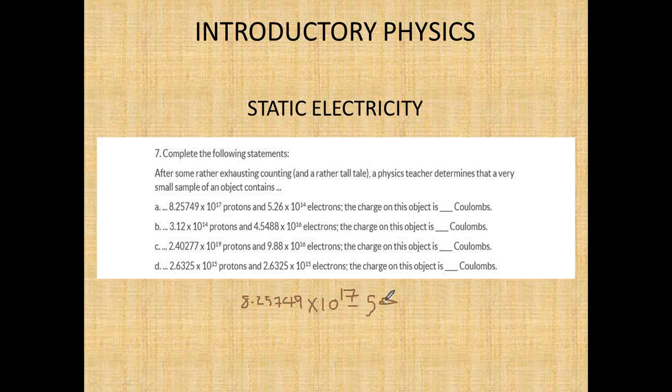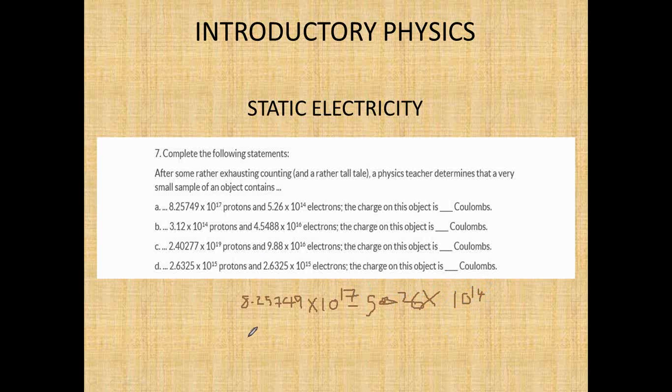times 10 to the power 14. So what you have to do when you're subtracting, you can convert this into 10 to the power 17, but you have to move your decimal point 3 places.